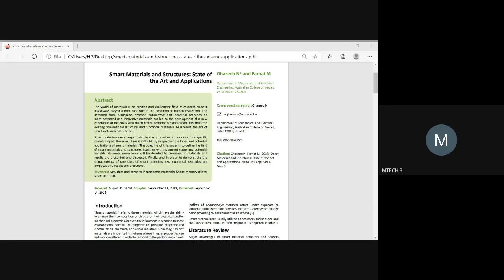So these are all different varieties and classes of smart materials. If you use a pyroelectric material for sensor development, it shows the change with respect to temperature, right? If there is a sudden change in temperature, it provides a change in physical properties as required for the application.